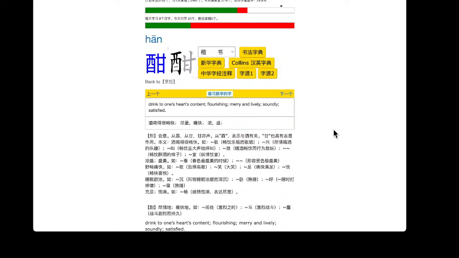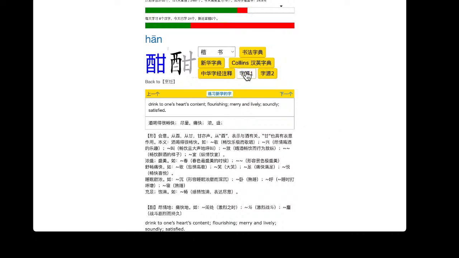Because when you drink to your heart's content, oftentimes you just fall asleep, and sleep very deeply. So they use this character to mean somebody sleeps very deeply, called 酣睡. It also means really satisfied. It's called 酣唱, 酣歌, 酣笑, 酣乐, it all means very happy and very satisfied.